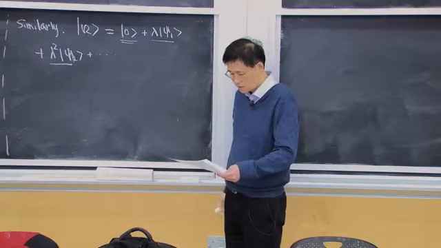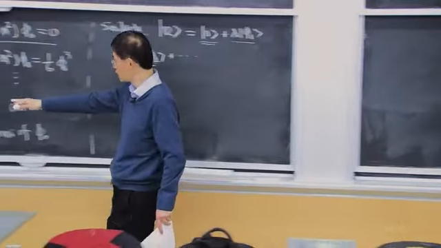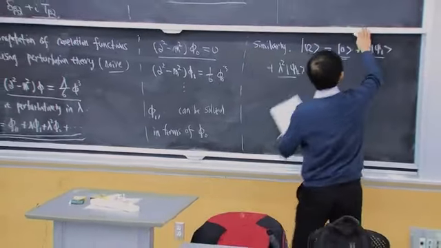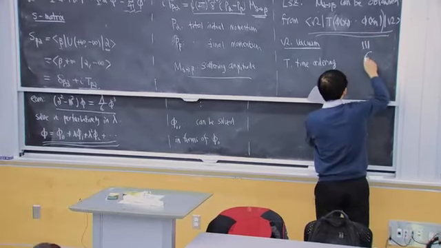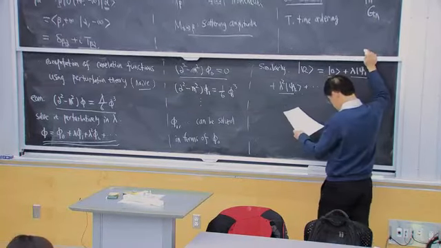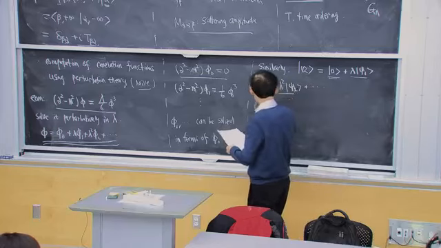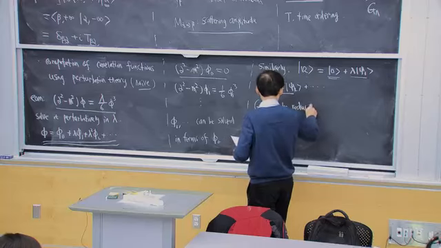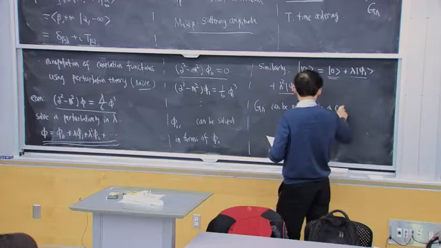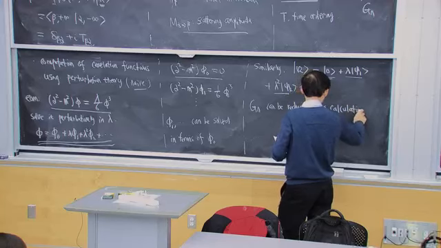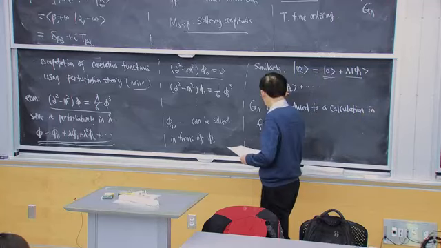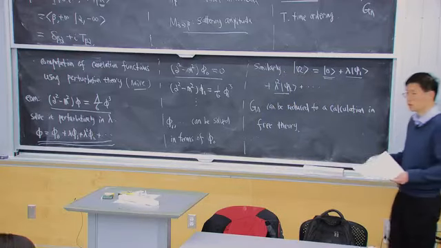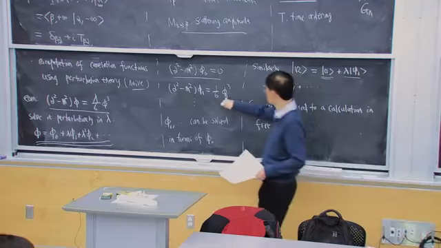Now when you have worked out the omega, you can work out this object, which let me call G_n. The G_n can then be reduced to a calculation in free theory, because everything can be expressed in terms of phi 0.